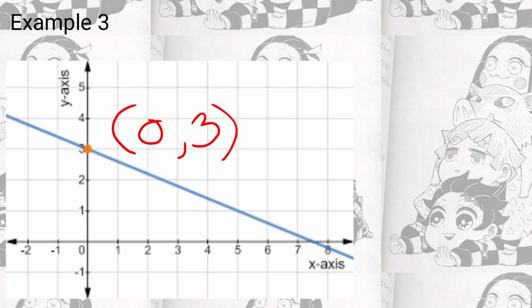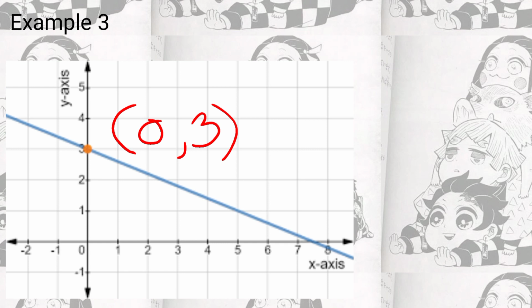At kung mapapansin ninyo na ang graph ng line natin ay pababa, decreasing. So, base sa pinaliwanag natin ng nakaraang lessons natin, if the line decreases, or it goes down to the right, ang slope natin ay negative.